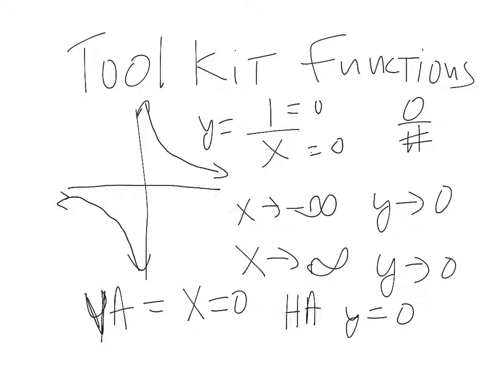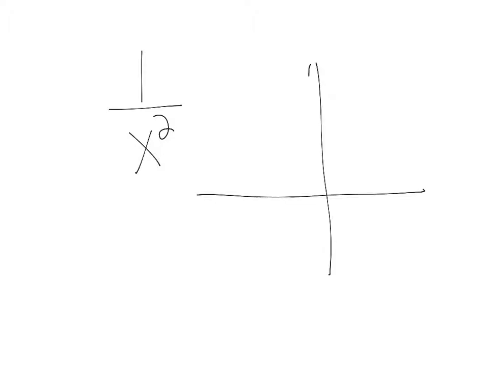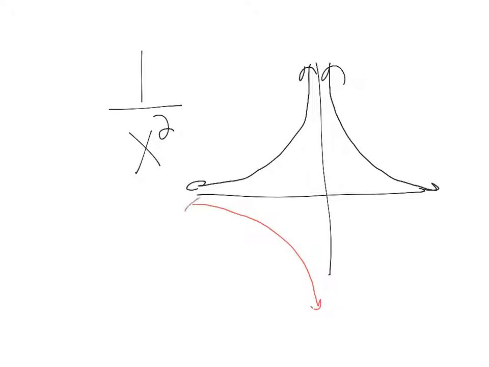The other toolkit function I'm going to call your attention to is the reciprocal squared function. Let me add a page here. As you noticed when you did that material, it looks like this. Remember how the reciprocal function had that piece down here and then this piece up here?